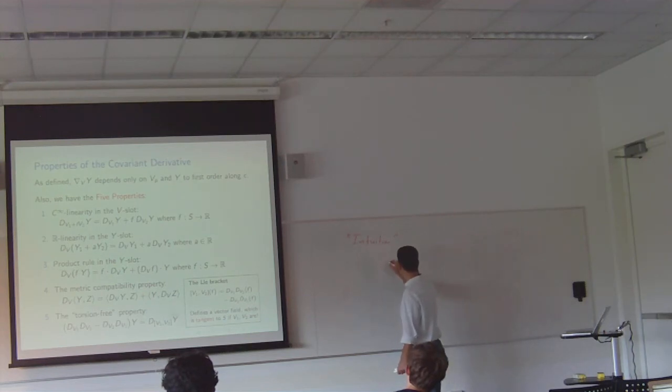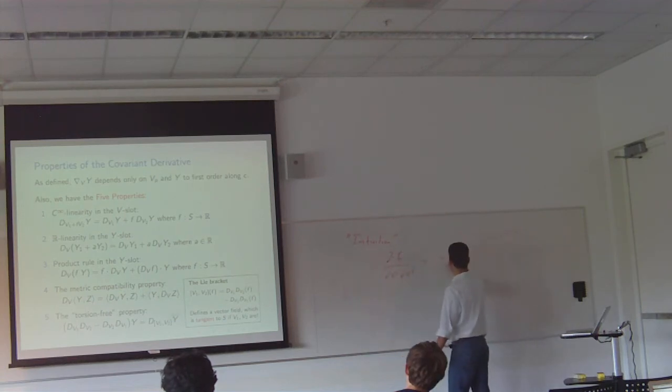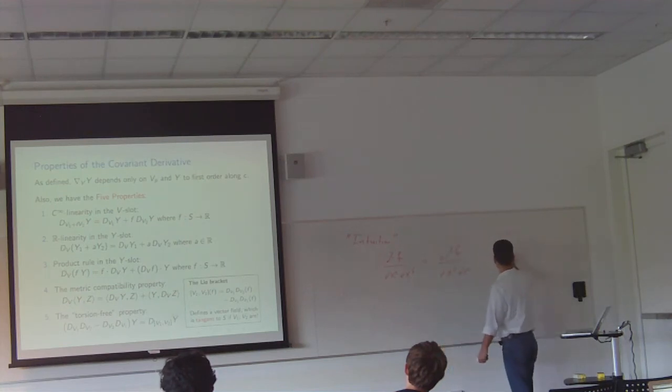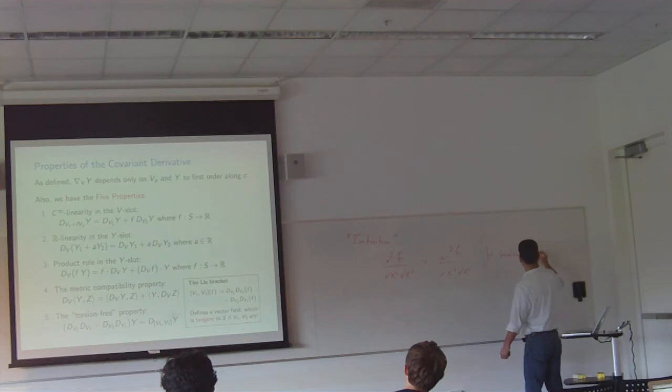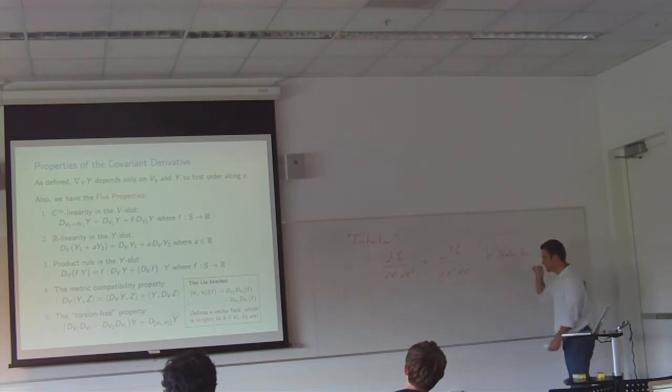Okay, so we know this, right? D squared f by dxi dxj equals d squared f by dxj dxi for all scalar functions that are, let's say, C2.